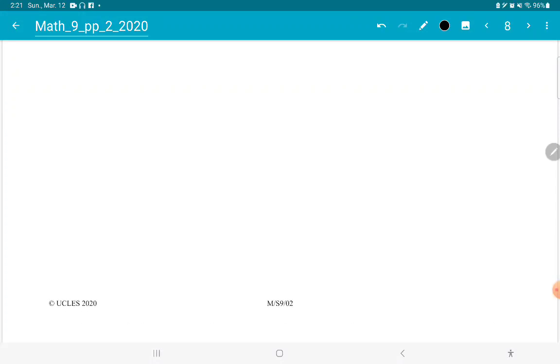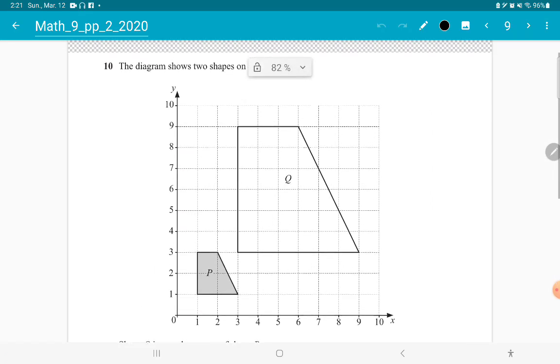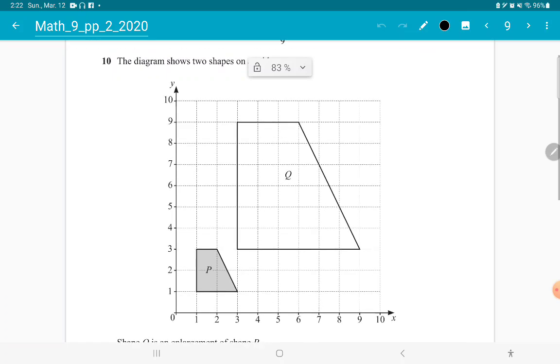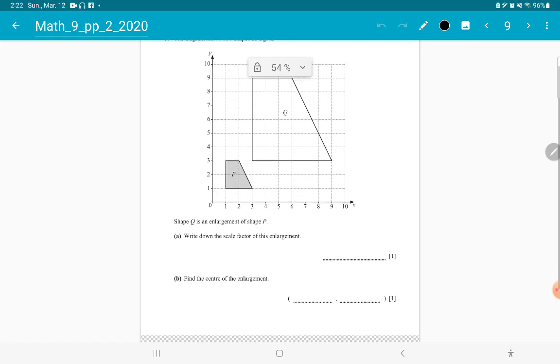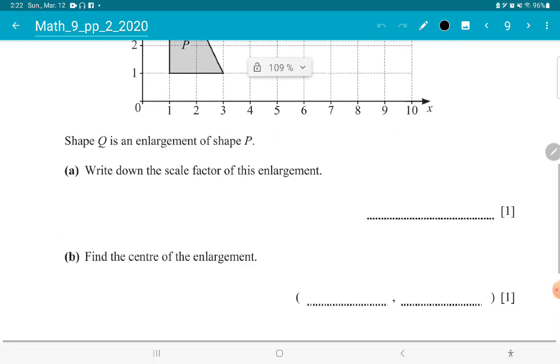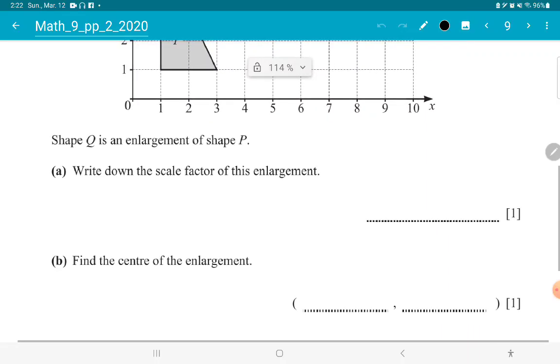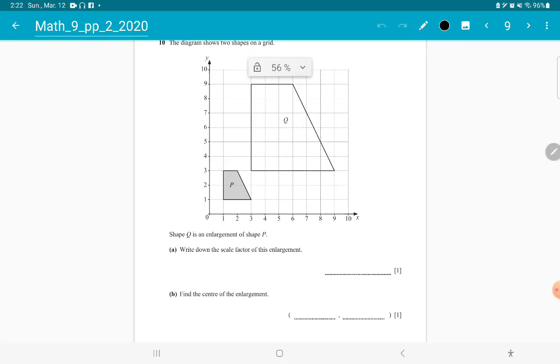And last one for this is number 10. We have enlargement. Shape has been enlarged. What do they want? Write down the scale factor. How to find the scale factor?